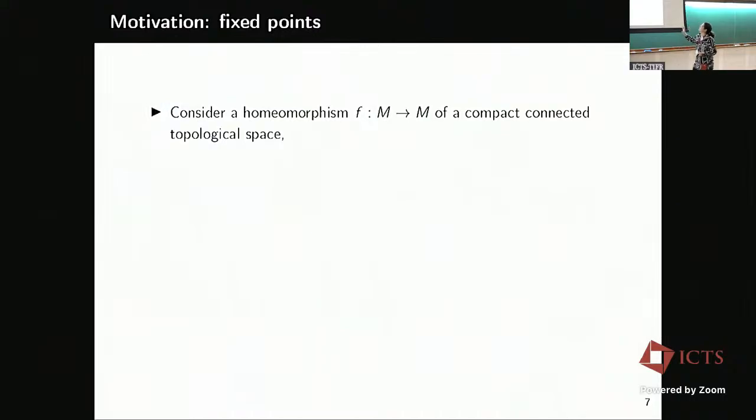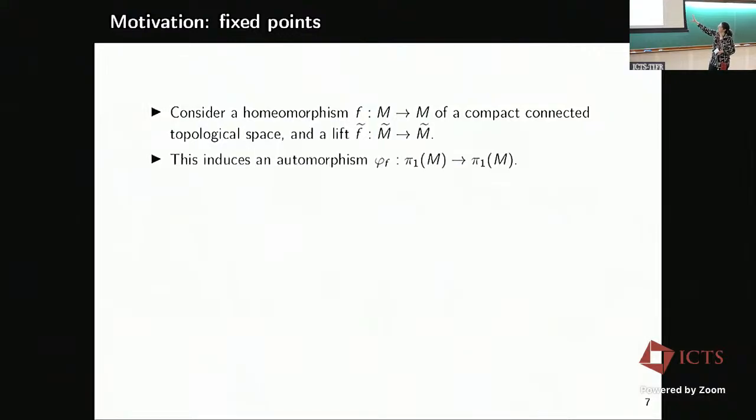So the story is more or less as follows. You take a homeomorphism of your favorite compact connected topological space. Then you get a lift to the universal cover, and you do something in there, so that you get an automorphism of the fundamental group of that topological space.